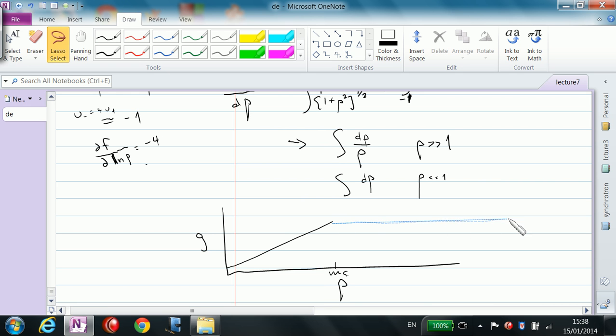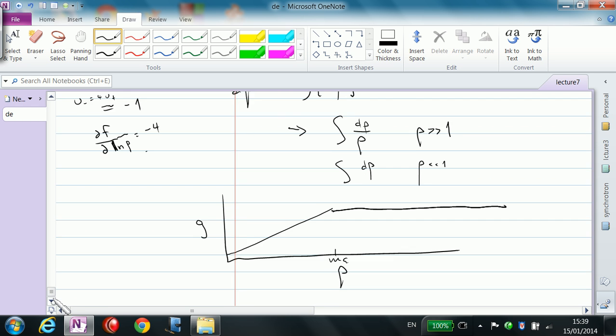It would just be a logarithmic divergence. And by the way, this logarithmic divergence means that the cosmic ray pressure is going to get very large, which means this can't be the whole story.